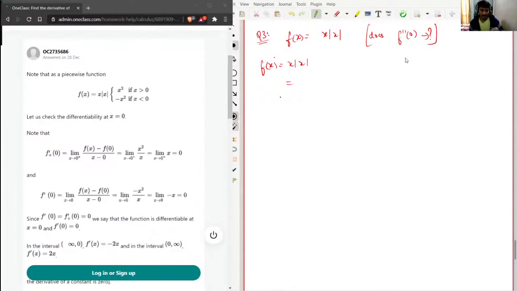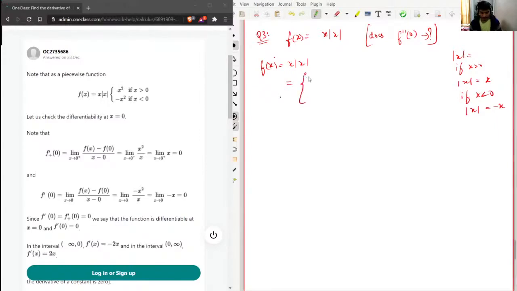One is that the value inside the magnitude is positive, the other is that the value inside the magnitude term is negative. If x is greater than 0, then magnitude of x will be positive x. If x is less than 0, then magnitude of x will be minus x.